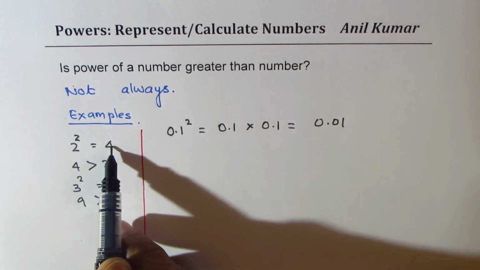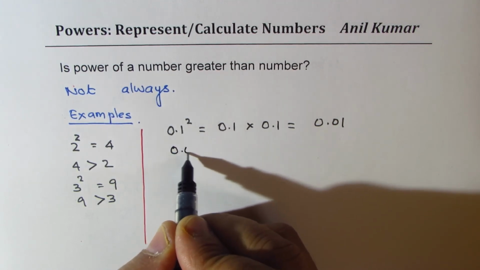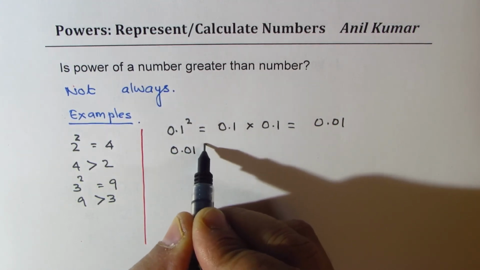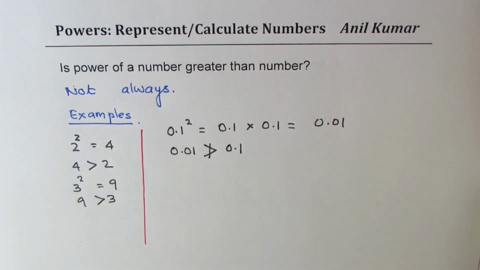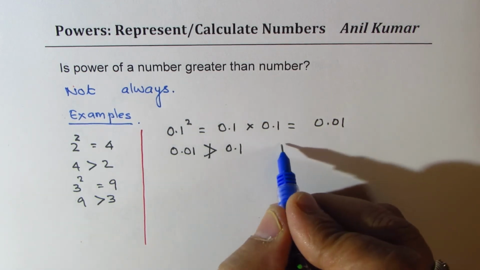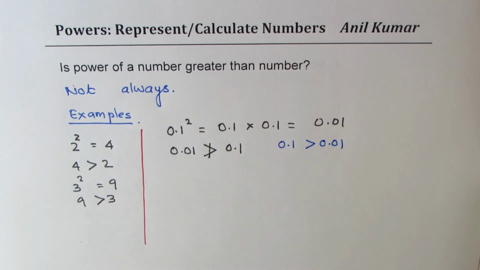The number 4 was greater than 2, but in this case 0.01 is actually not greater than 0.1. In fact, it is less, right? So in fact, what we see here is that 0.1 is greater than 0.01. Do you get the idea?